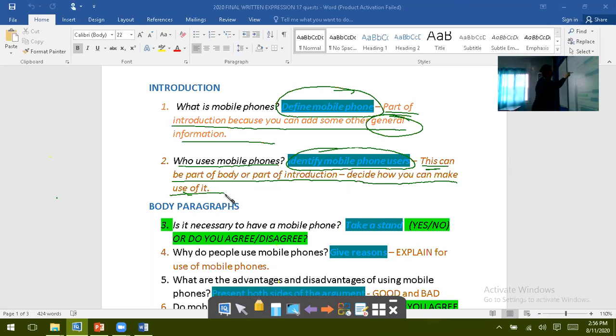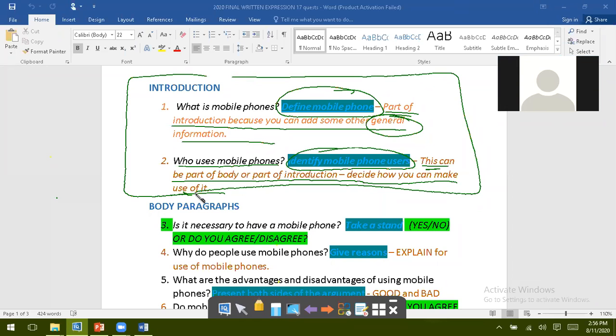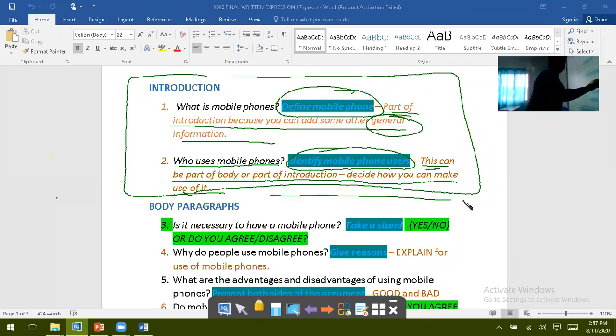And so I've decided that questions 1 and 2 can create the introductory paragraph. And you don't have to limit your introduction to just these 2 questions. You can integrate other information in addition to the definition. Are you listening? Yes. Okay, so I'm trying to give an idea how you can do this. But it's a very simple question. You just go through each one of these questions and decide what it is you are asked to do here.